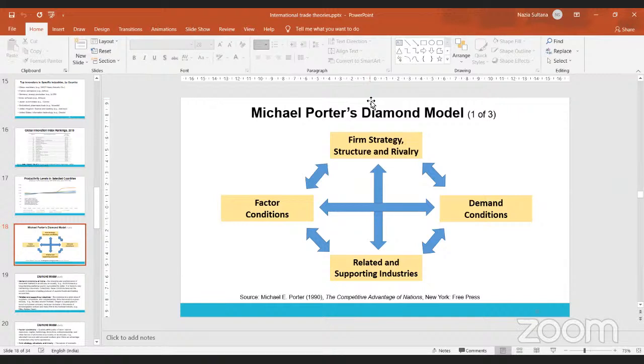Then comes factor theory, given by Heckscher and Ohlin, where they say let the countries of the world produce and export those products where factors of production are in abundance, and import those where factors of production are scarce.